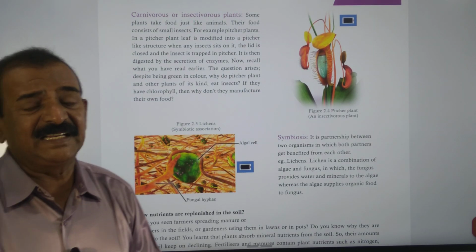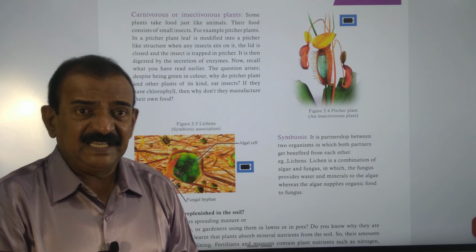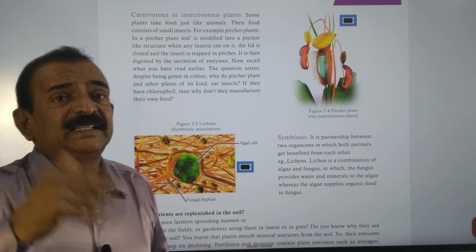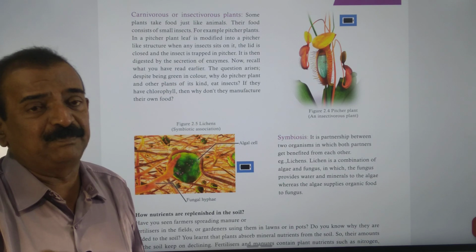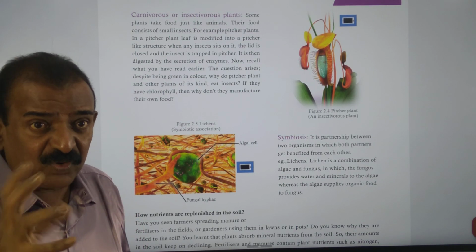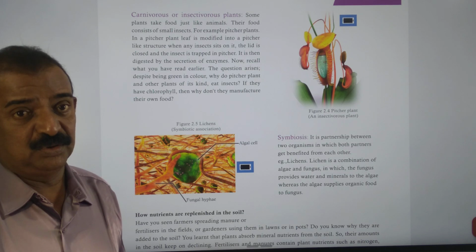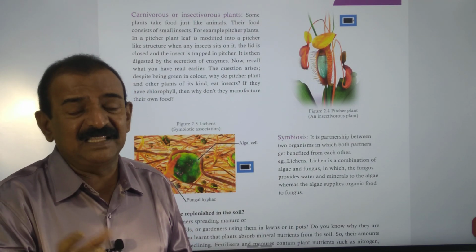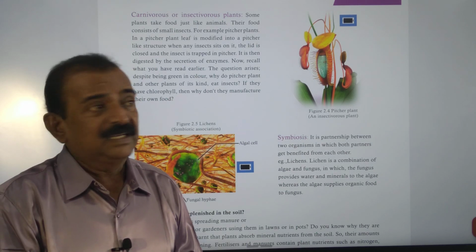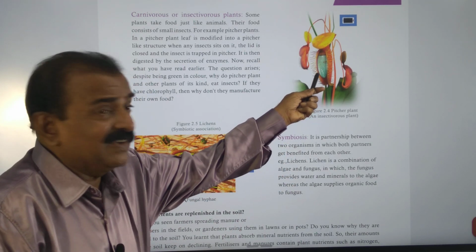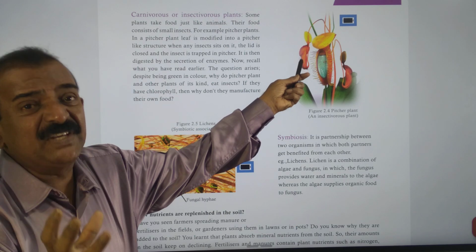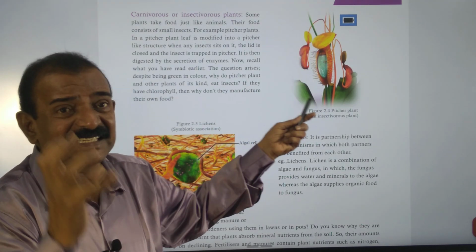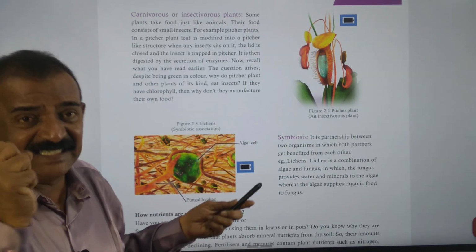They have green colored parts and can prepare their own food, but at the same time they trap some insects for their growth. An example given here is Nepenthes, called the pitcher plant. Here the leaf is modified into a pitcher, and it has a lid. It secretes a sugary substance inside the pitcher.